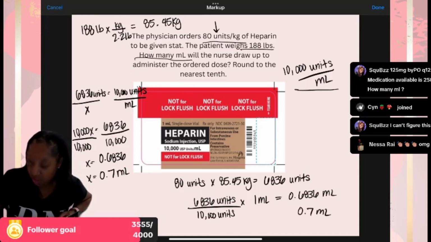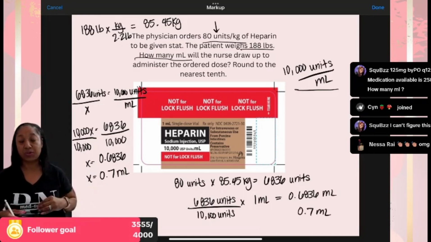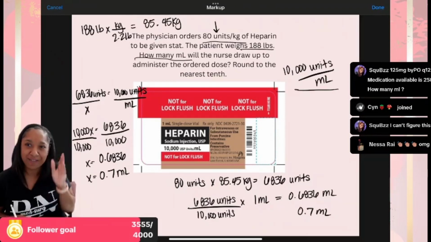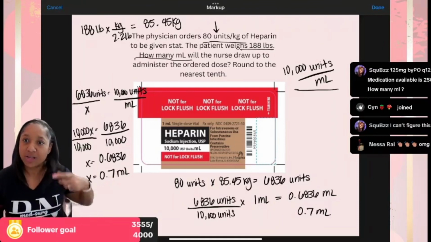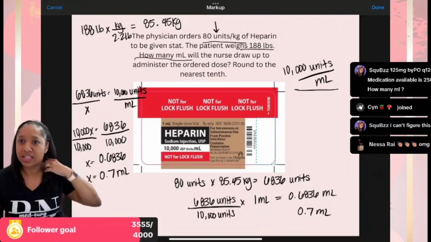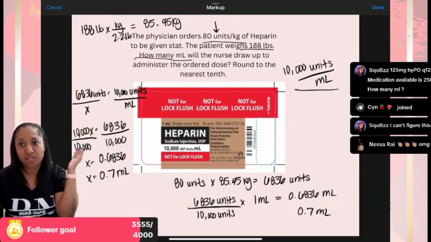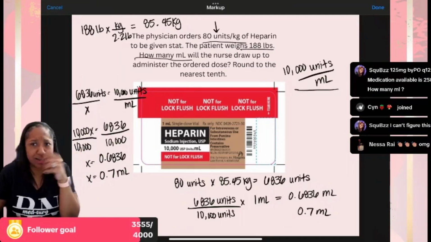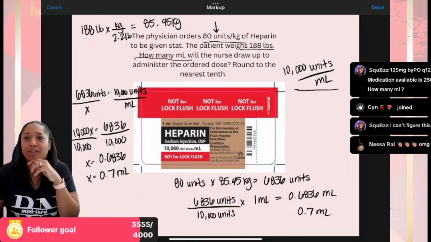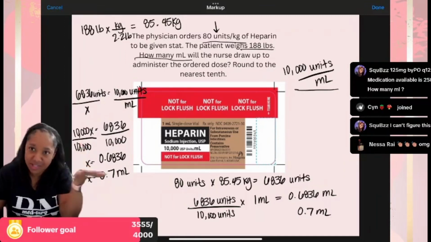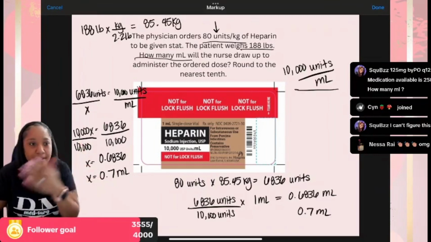So you see, if you know different ways to do these, then you can double check your work if you have a really, really large number, because sometimes if you mess up dimensional analysis and forget to put in a conversion, or you miss a step, you're like, oh, that's wrong, you can't give that much, that don't even fit in the syringe. So you can double check your work with another method.